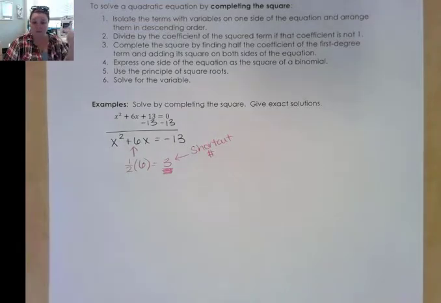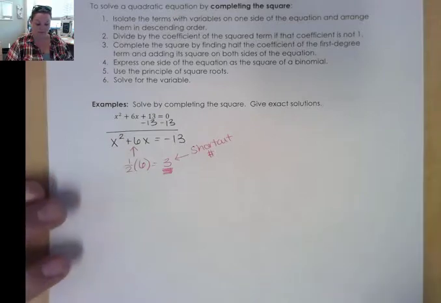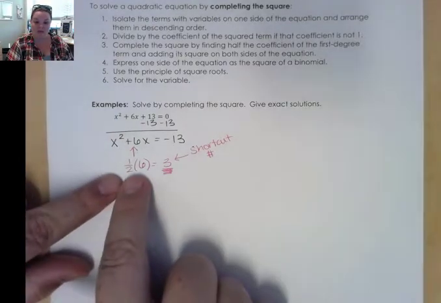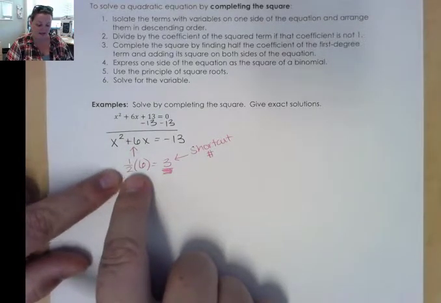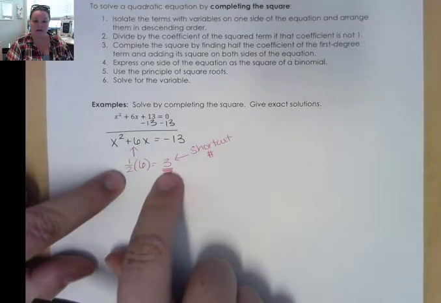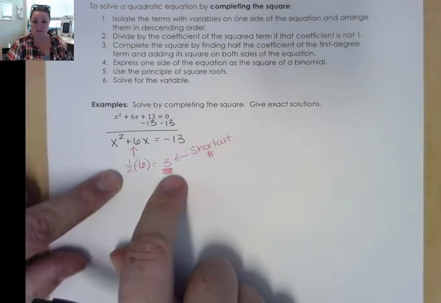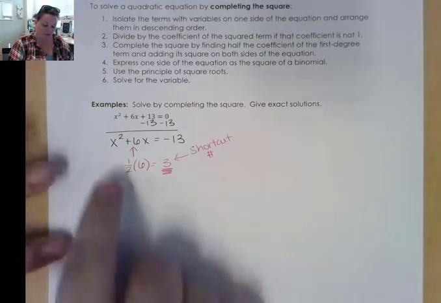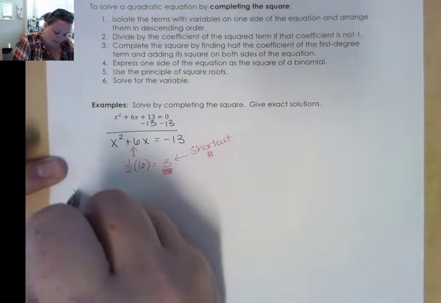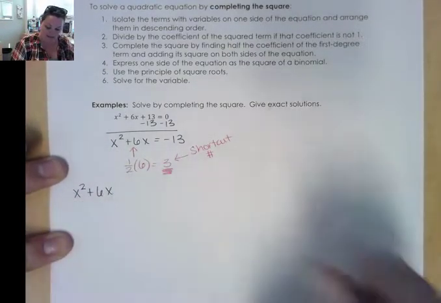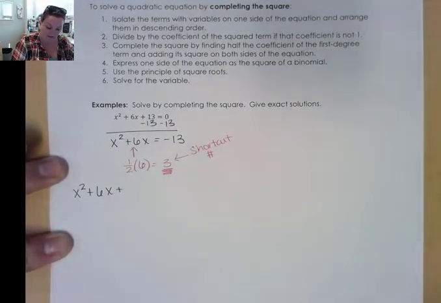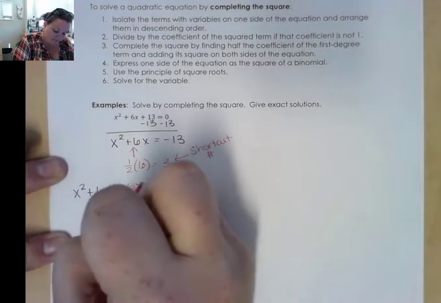But I want to make sure you know how to work it out without the shortcut in case you forget. Okay. So now that we took half the x term's coefficient, we got 3, we're going to square that number and add it to both sides. So on the left-hand side, we have our x squared and our 6x, and now we're going to add in our 3 squared.